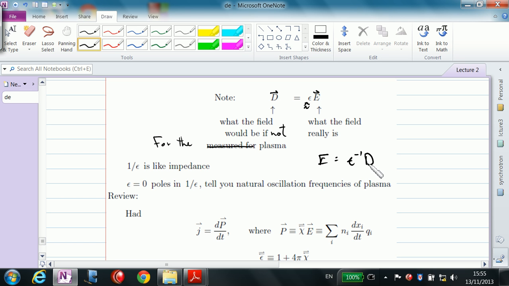This D would be the applied field, and E would be the real field corrected for the plasma. And this would be like an impedance, which tells me, if I apply D, what do I end up getting out? D is the input and E is the output.